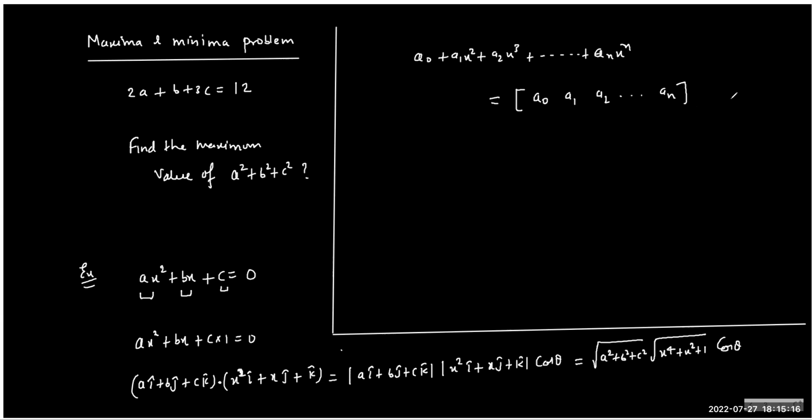Now, when we exceed the dimension, the vector notation is insufficient to write. And therefore, we came across a new way of writing this, and that is called matrices.